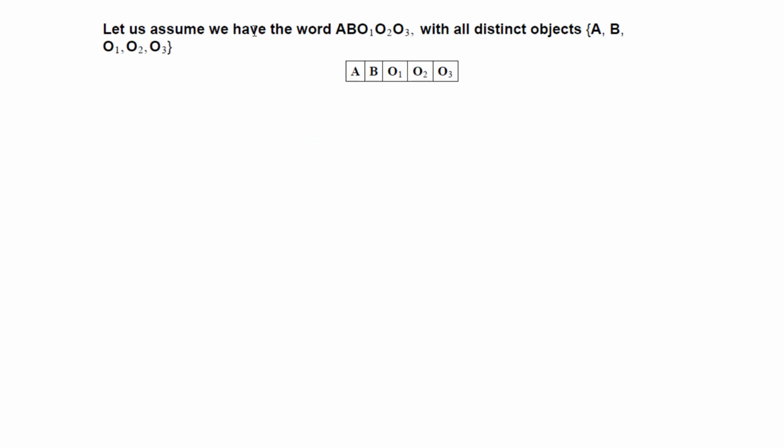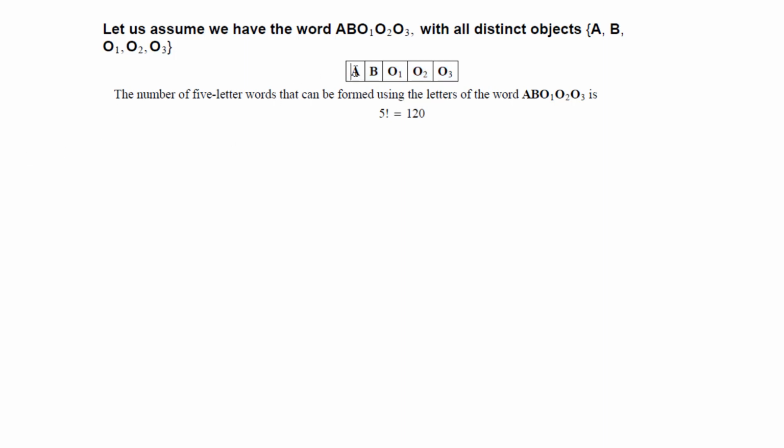So let's assume we have the word A, B, O1, O2, O3 with all distinct letters. We know that we can generate 120 words ordered out of these 5 different letters.